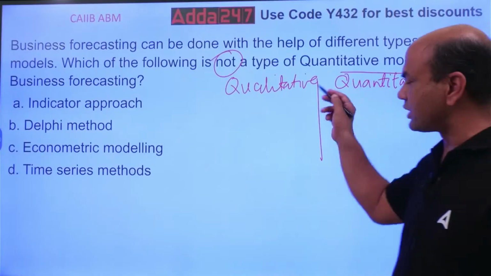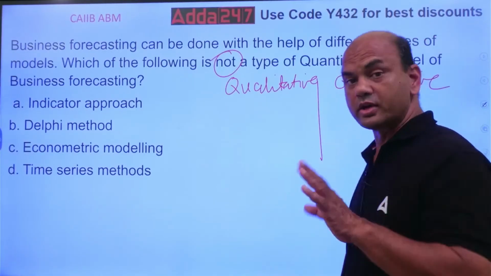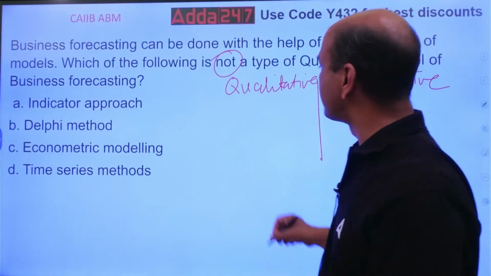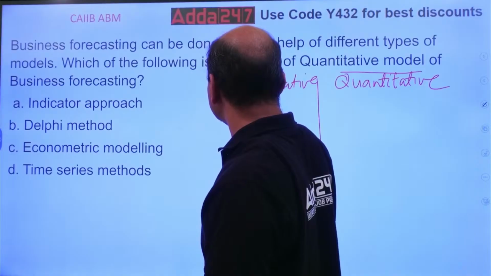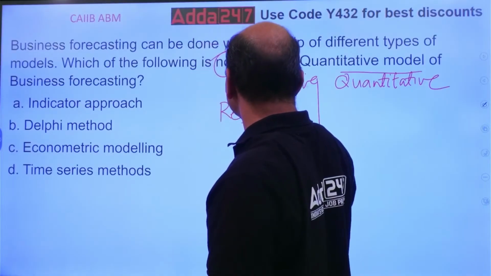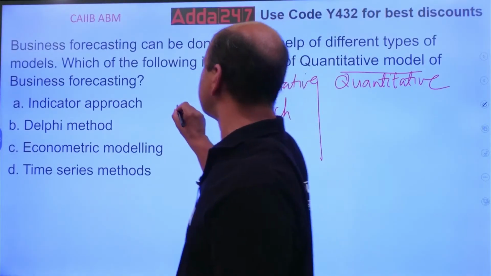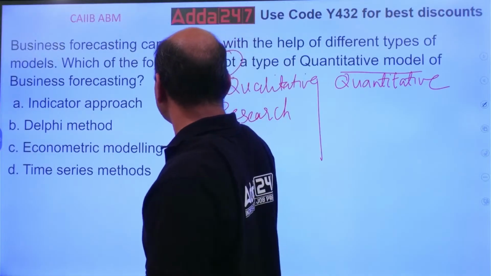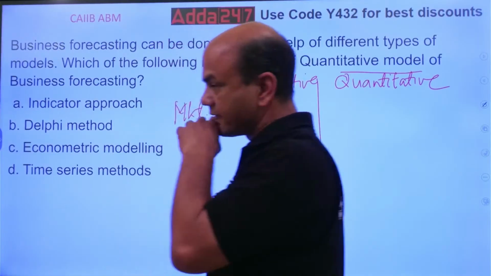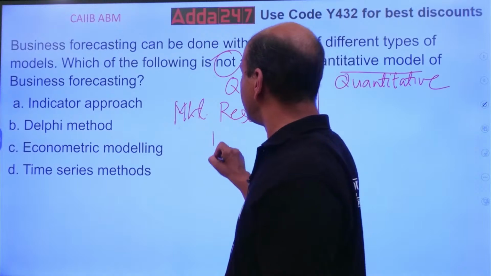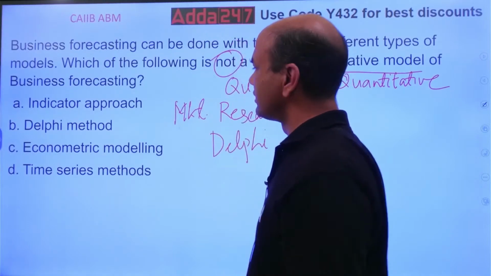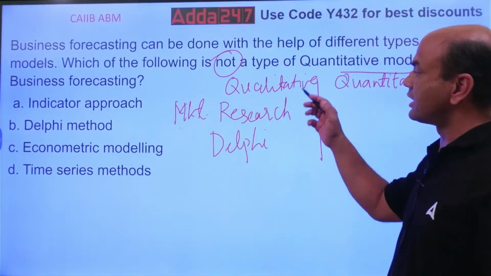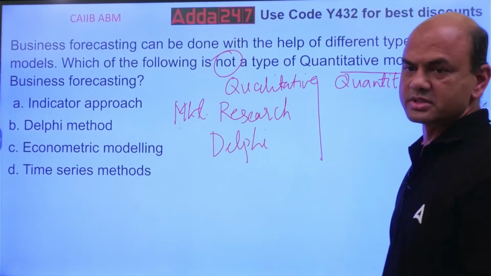Now in qualitative we have, means not quantitative, we have number one, market research, means you can just write it or write full, because actual word is market research. This is one. And second one is Delphi technique. Okay. So these are under the qualitative models.